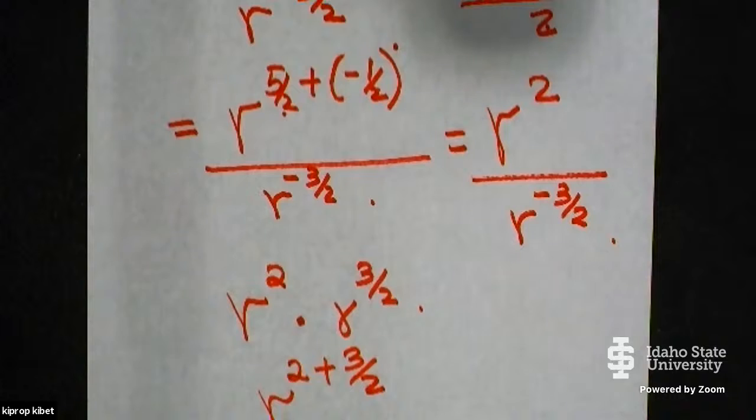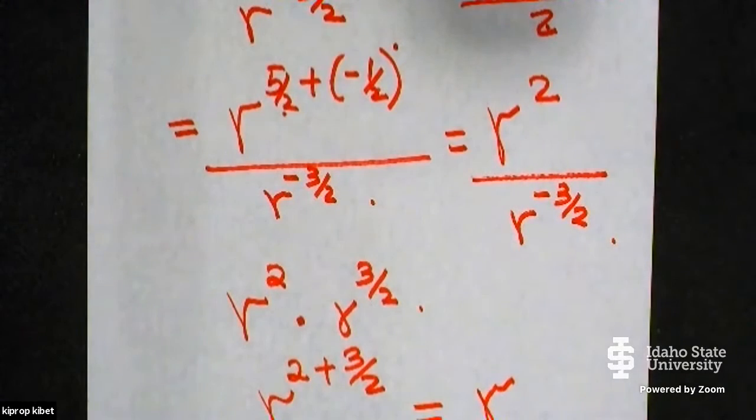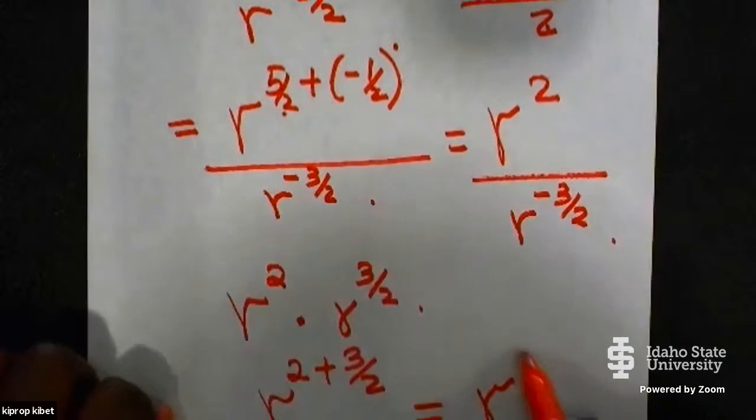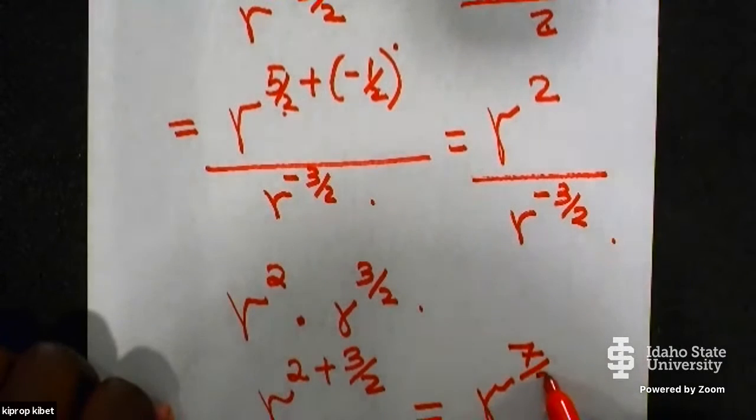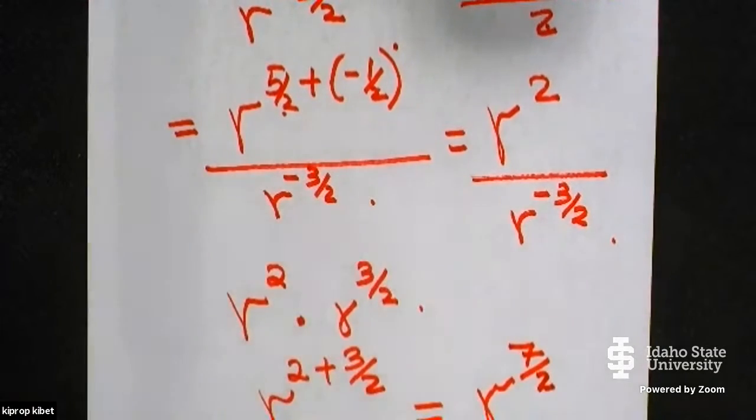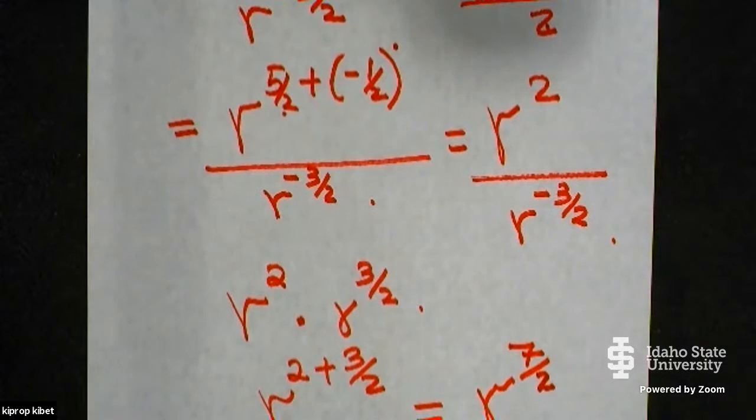Finally, what do you get? r raised to 7 all over 2.